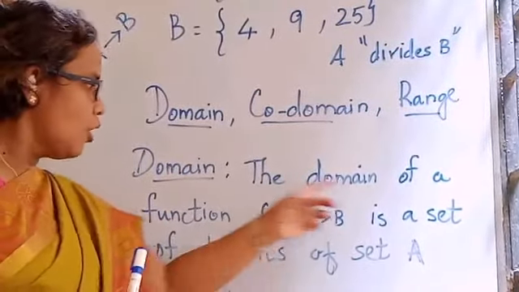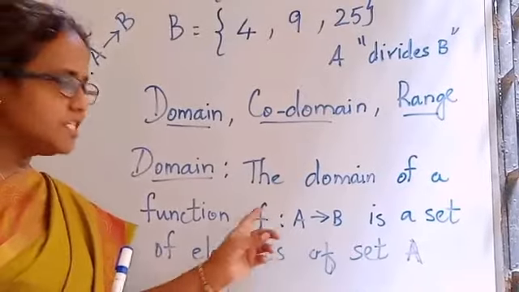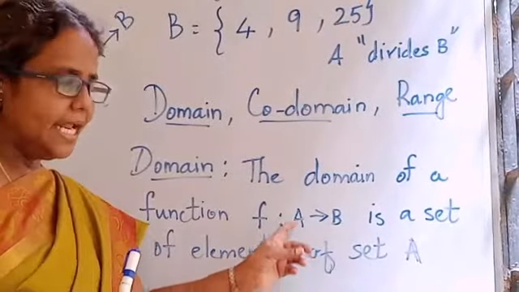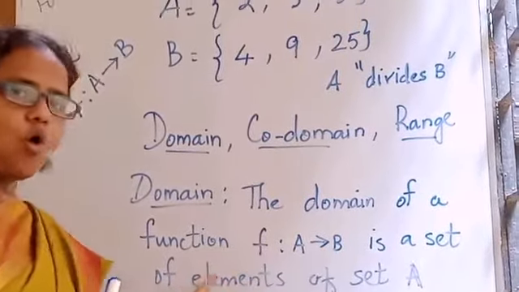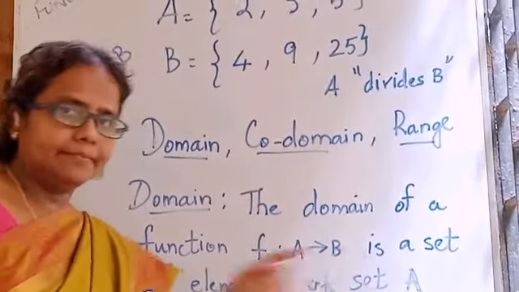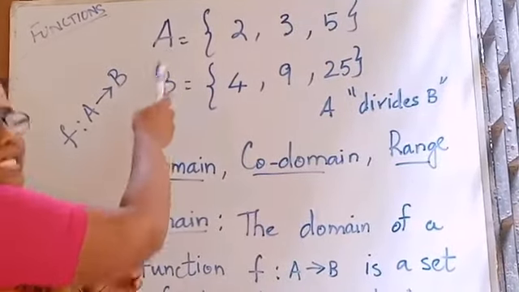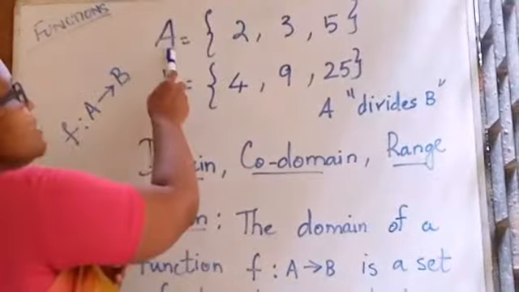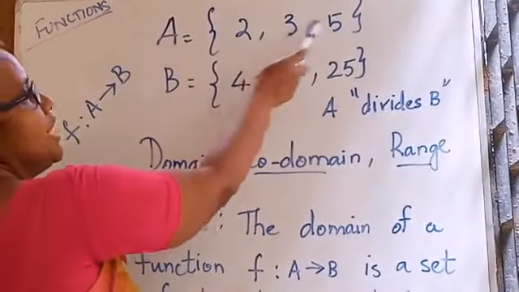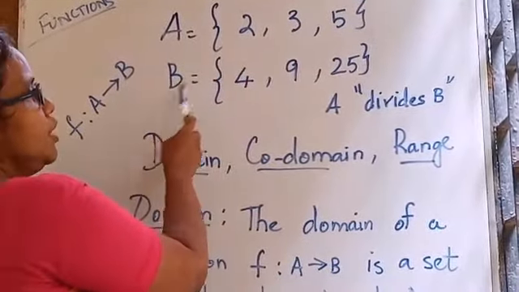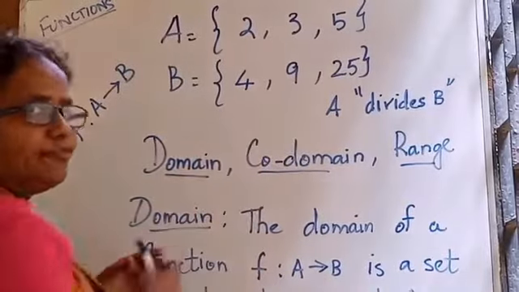The domain of a function f, which has a mapping from the set A to B, is the set of all elements of set A. Let's look at this example. I have a set A of elements 2, 3 and 5, and set B of elements 4, 9 and 25.